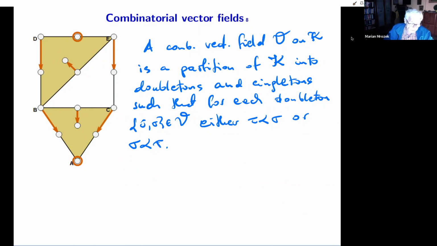And those of you who know how painful it is to make a precise definition of what a smooth manifold is, with all these maps, atlases, and so on, this is, I guess, much simpler.